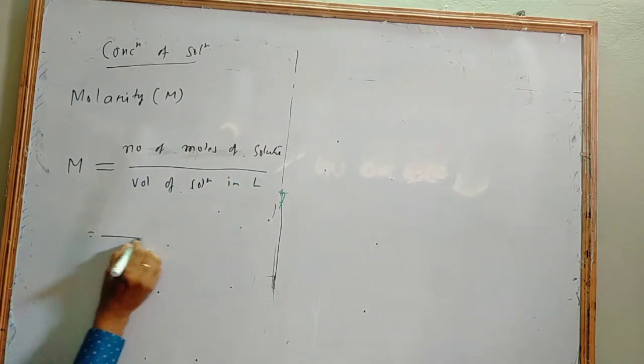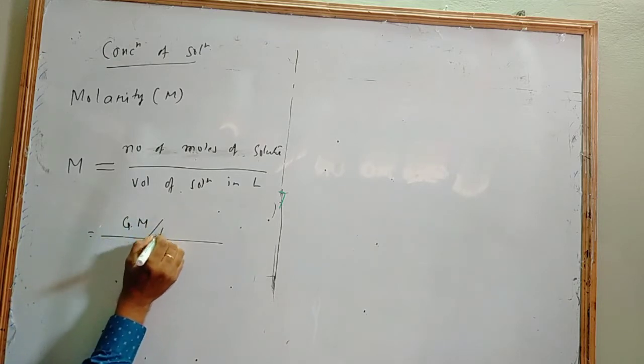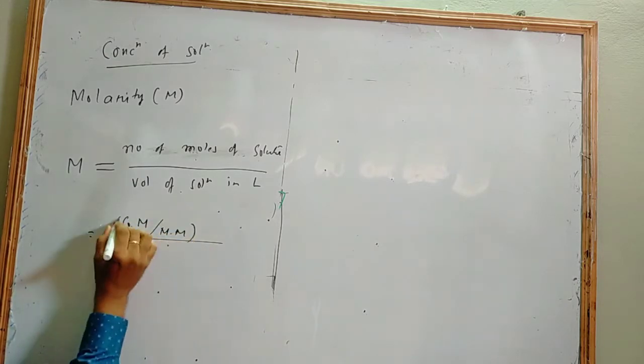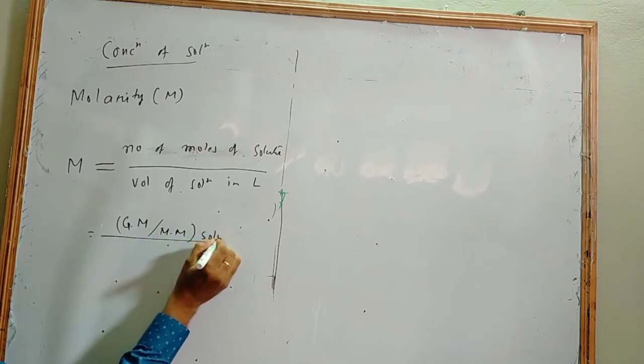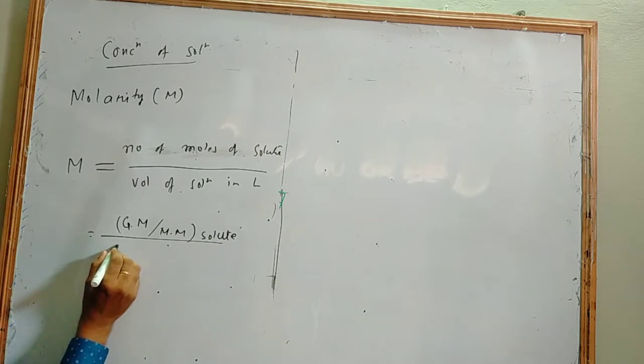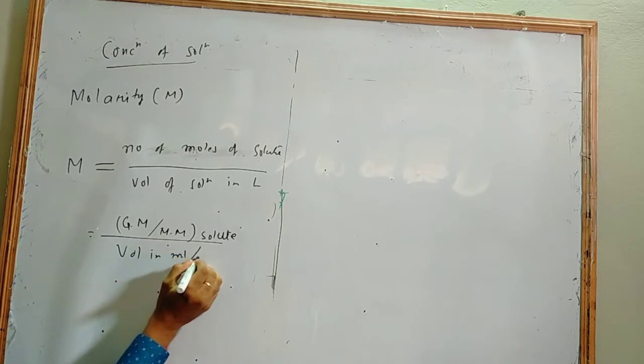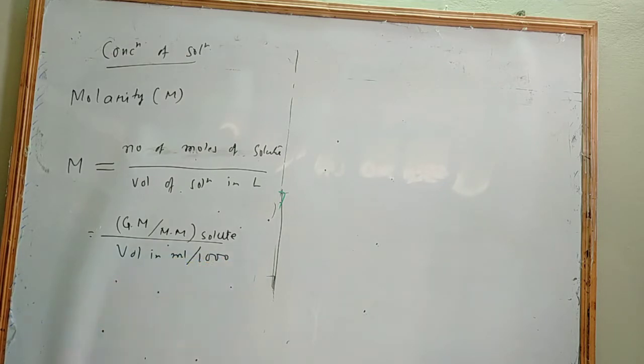The number of moles of solute can be expressed as given mass divided by molar mass of solute, and volume of solution in liter. If the volume of solution is in ml, you have to divide by 1000.